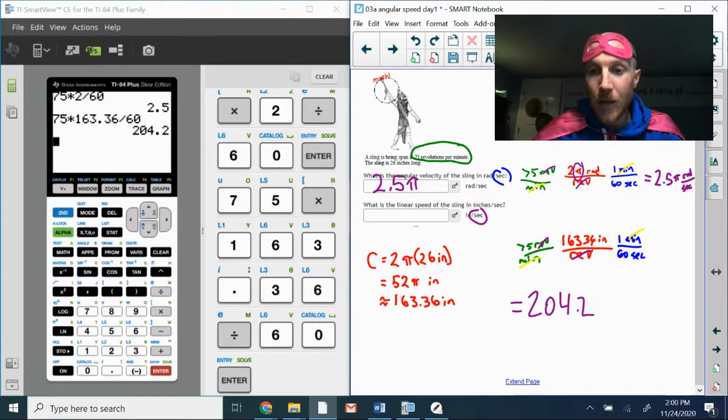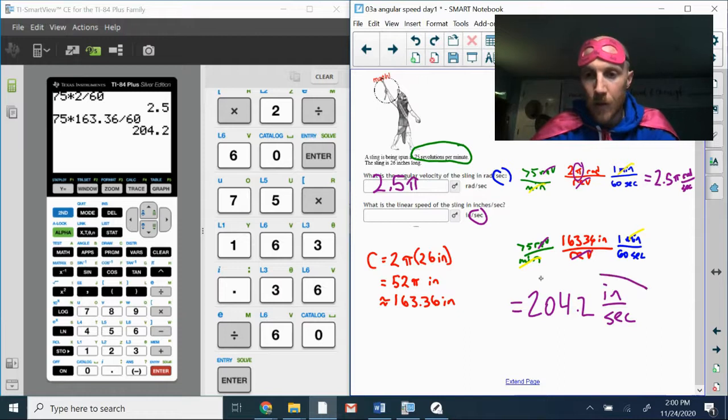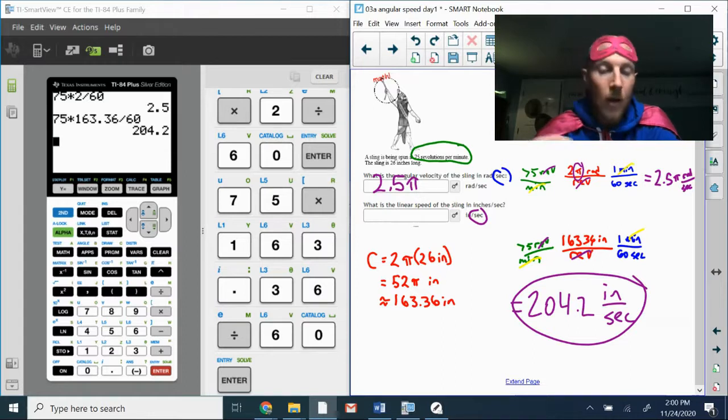So if I had worked from my previous answer, that would have been easier. If I had taken the 2.5 pi, that already was in radians per second. So in that case, I would not have needed this blue minutes to seconds conversion factor.